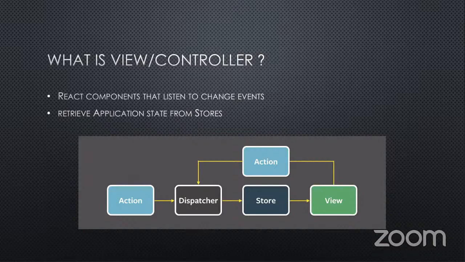That's why Facebook came up with this idea of unidirectional data flow. Once your action is triggered and has got into the dispatcher, the dispatcher will not take any other action until it finishes its current action. By doing this there is no side effect in your application.